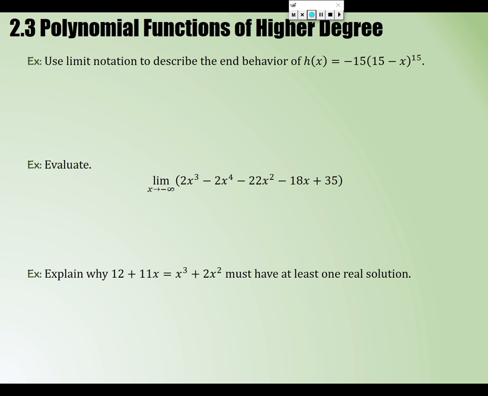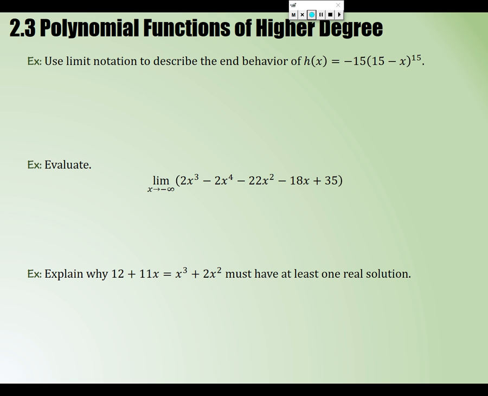You like that first? So you're writing two limits.